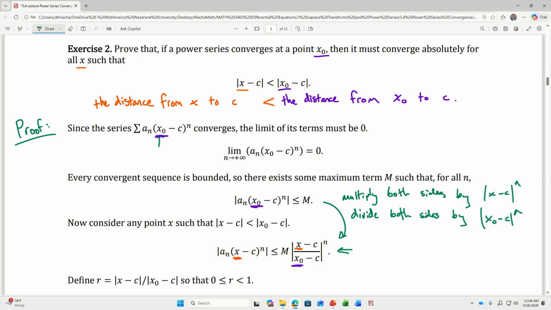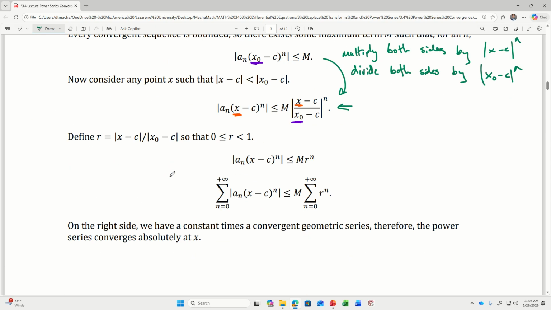Then you can define a number lowercase r, and that number is just going to be this ratio on the right-hand side of my inequality, x minus c divided by x0 minus c, absolute value.